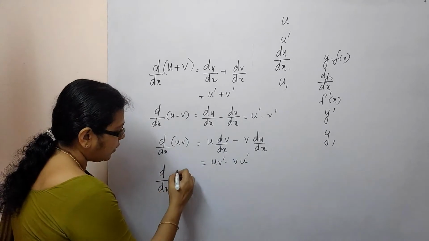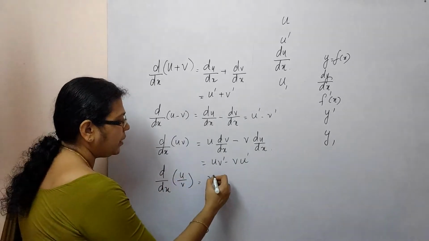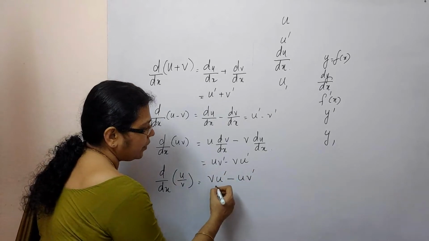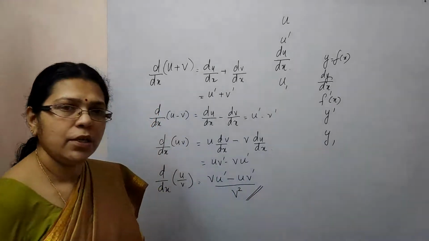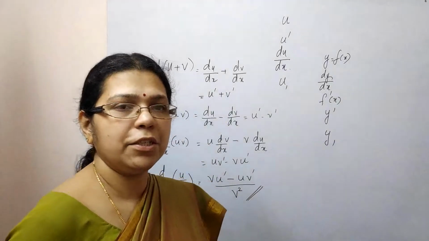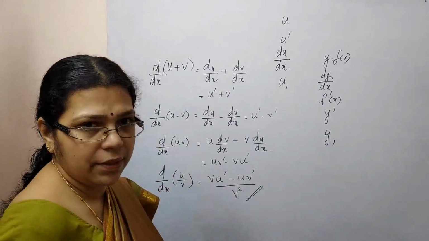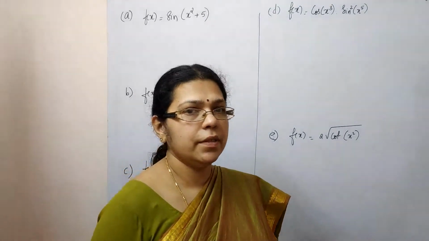D by dx of u by v. Denominator into derivative of the numerator minus numerator into derivative of the denominator, by the denominator square. These are the rules we take into consideration while we deal with derivatives. Now let's start the problems on derivatives.